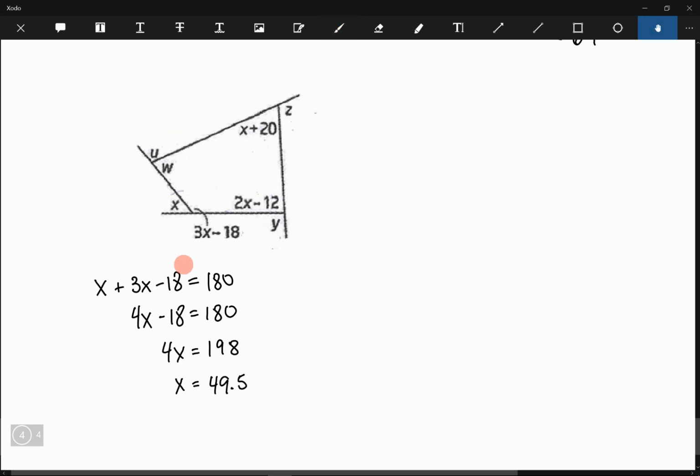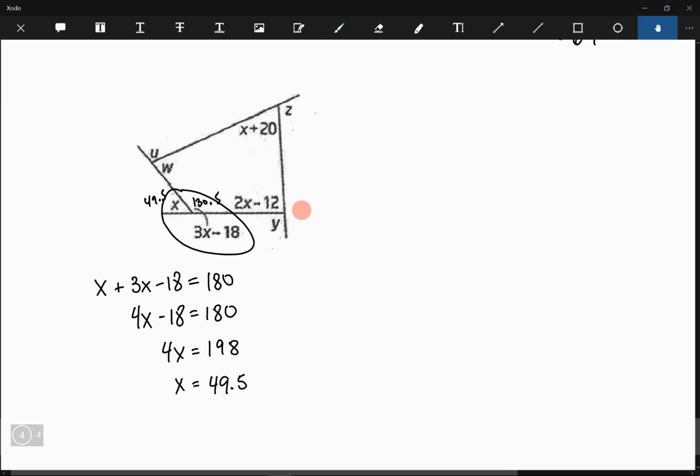Okay, and so if x is 49.5, it's simply a matter of plugging in the x here to find the angles. So if the inside angle here is 130.5, here I have 49.5. What about y?